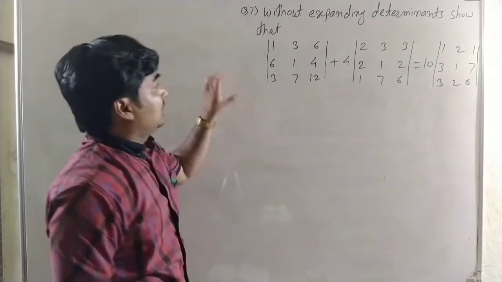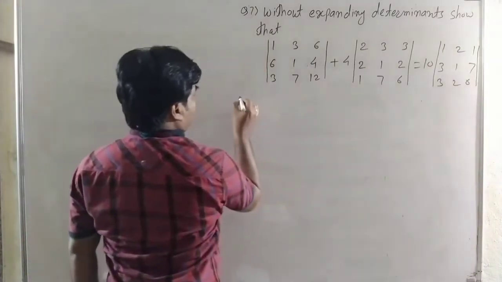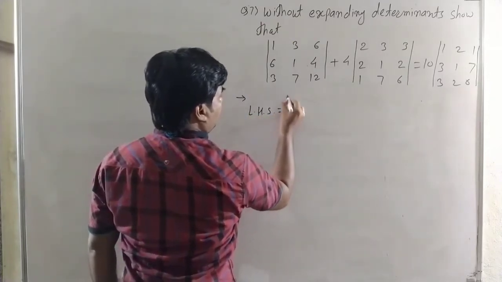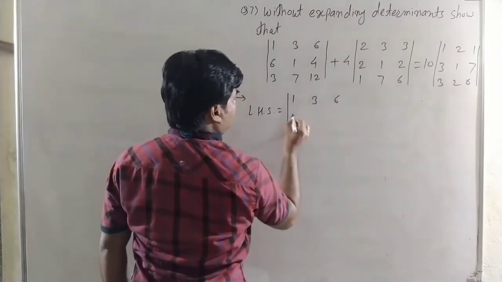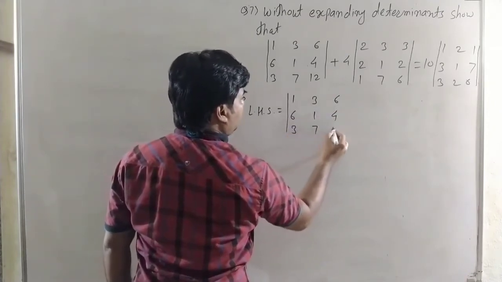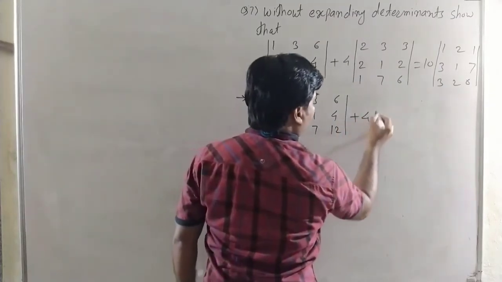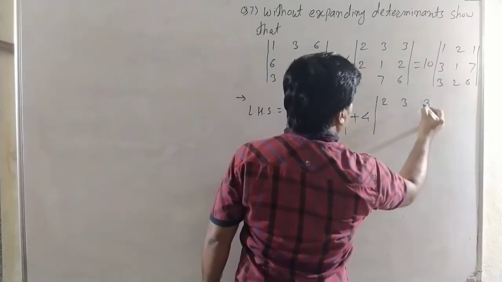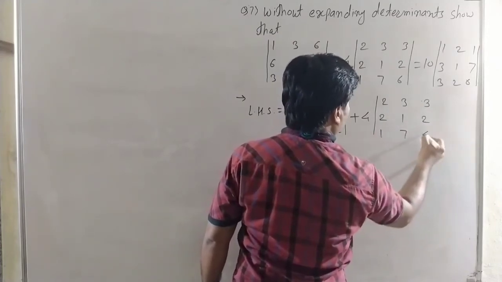Here, without expanding the value of the determinant, we can show this. Now here it is the LHS. It is the first determinant 1 3 6, 6 1 4, 3 7 12, plus 4 into 2 3 3, 2 1 2, 1 7 6.